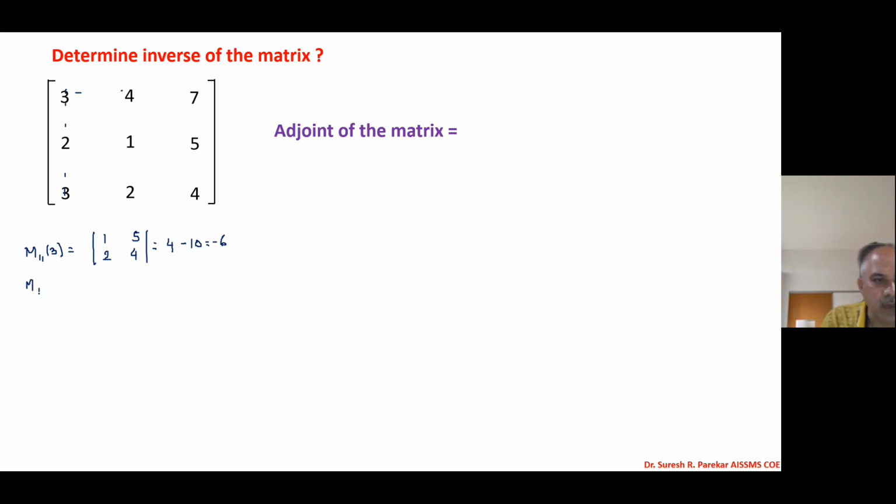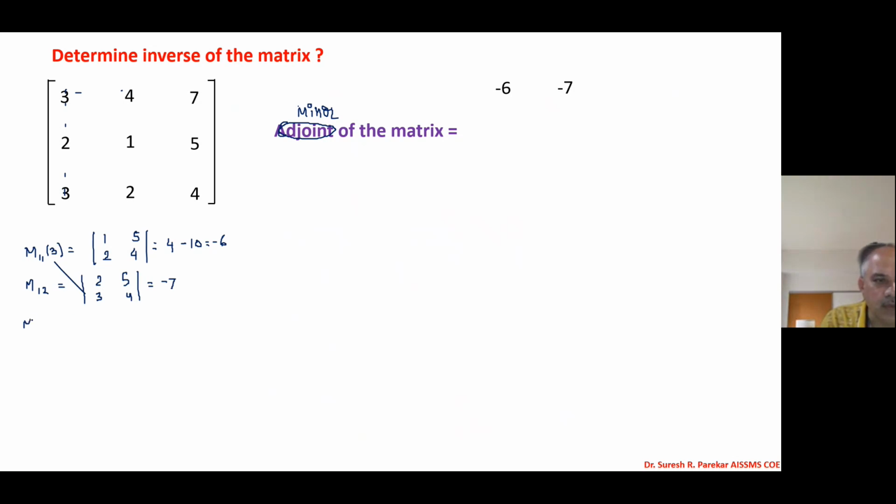Then we have M 1 2. Now I will directly write: we have 2, 5, 3, 4. Sorry, this is not adjoint, this is the minor, and after that I will make it the cofactor. So we have 8 minus 15, so minus 7.